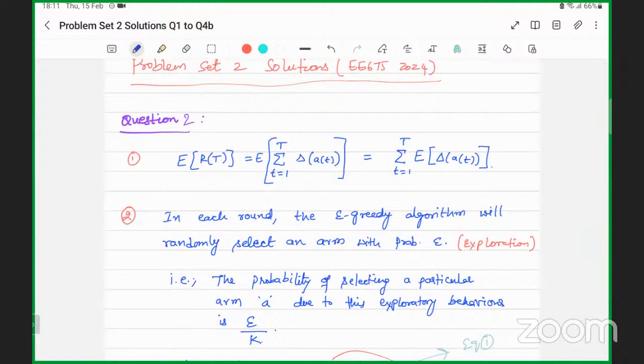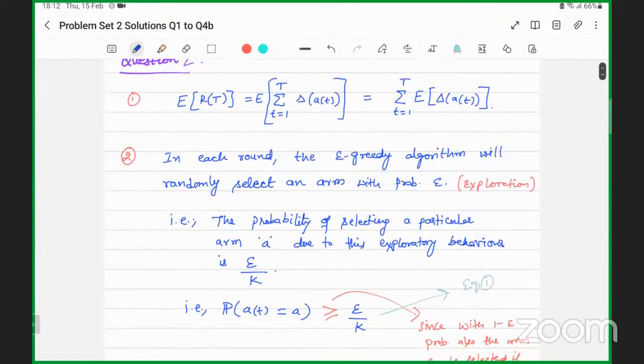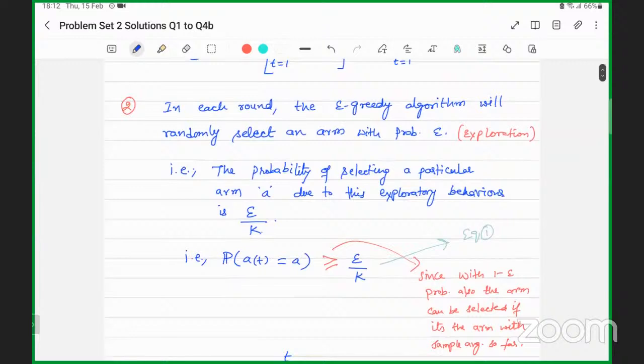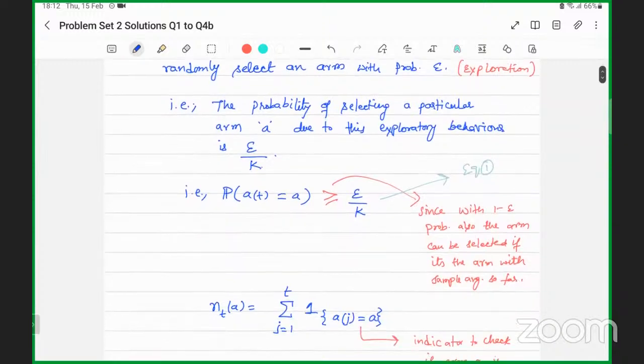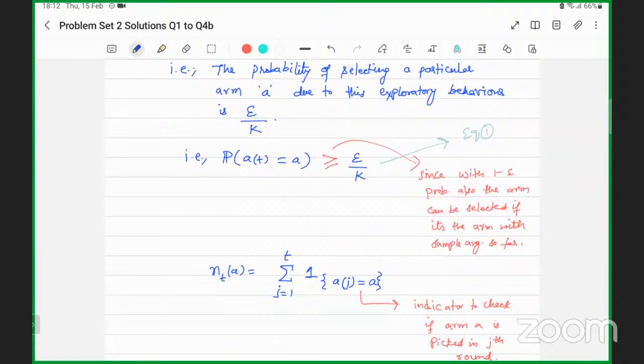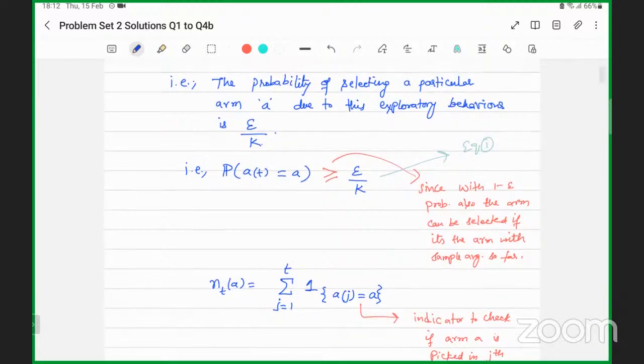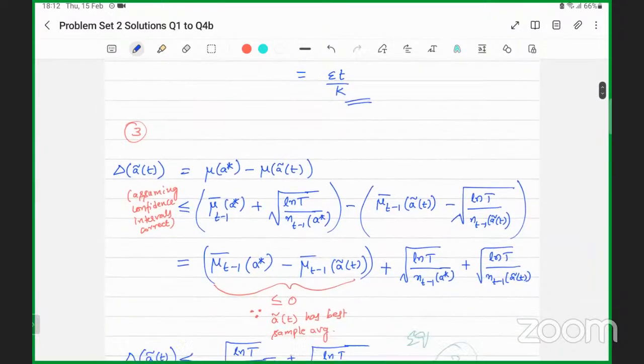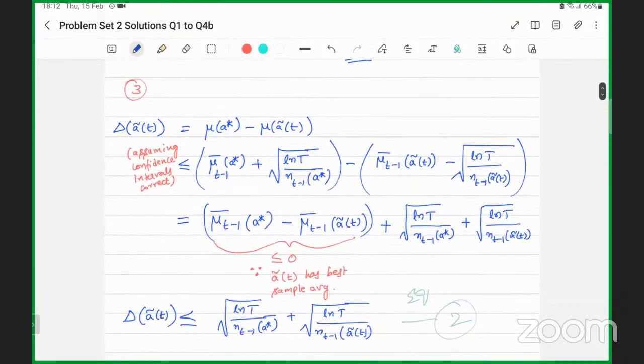Did you look at the solution? No? To see this one, no?